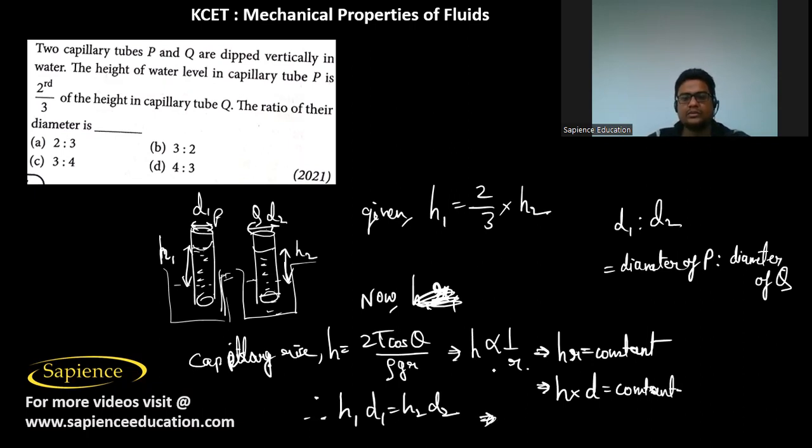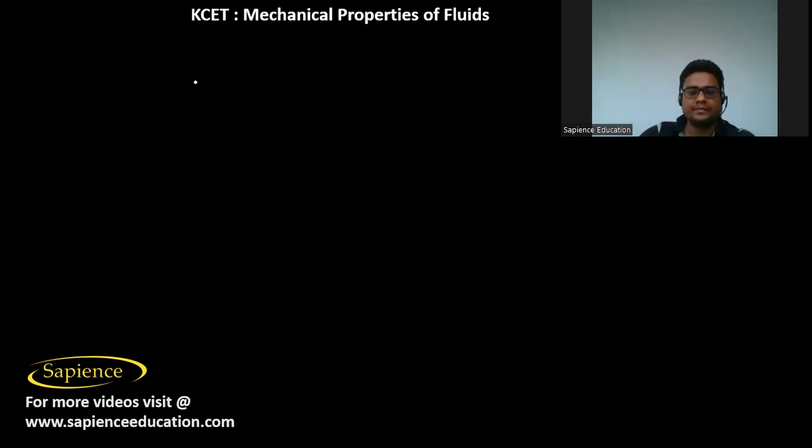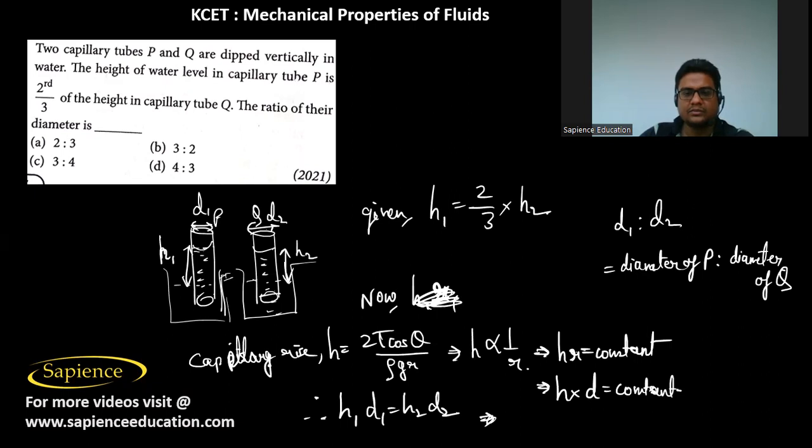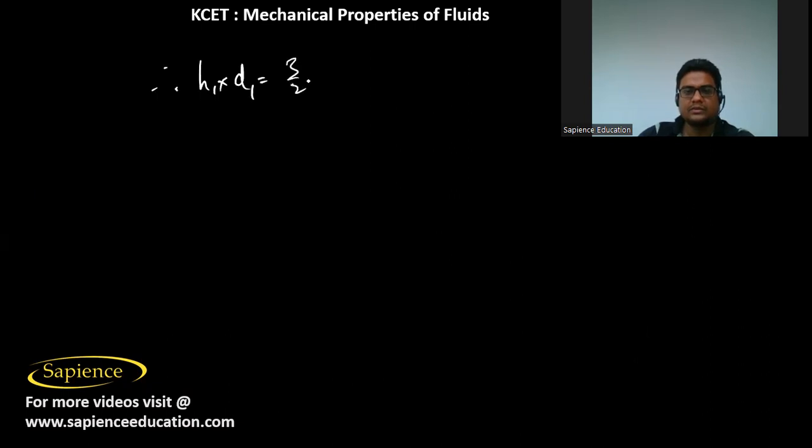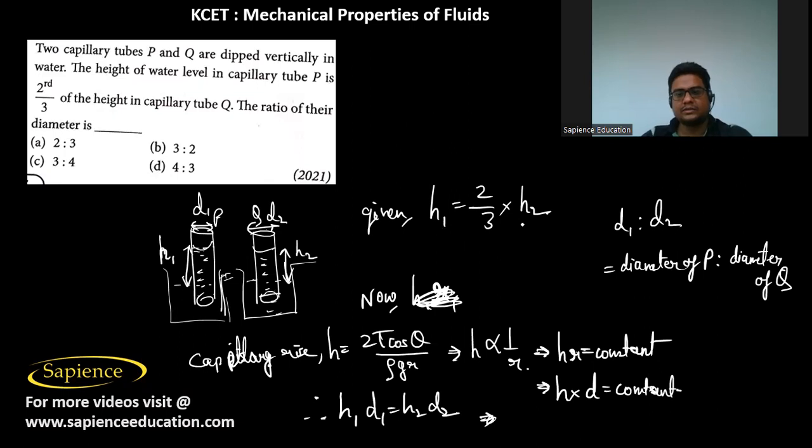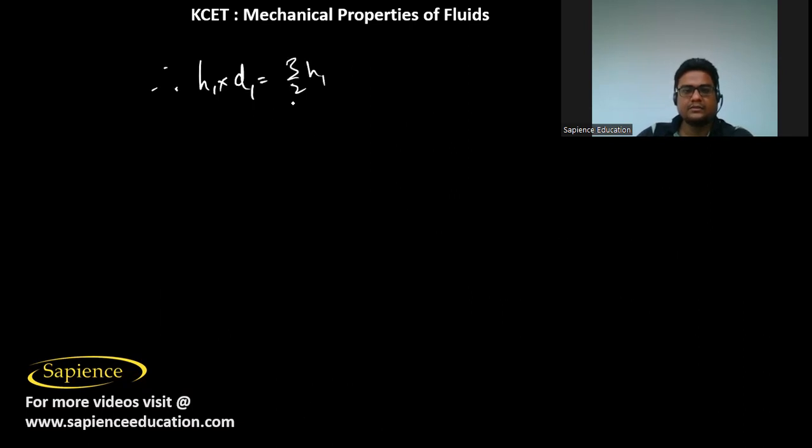Now H1 is 2 by 3 of H2, so H2 is 3 by 2 H1. Therefore H1 into D1 will be equal to 3 by 2 H1 into D2.